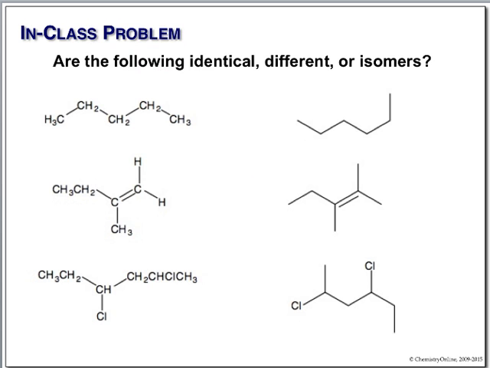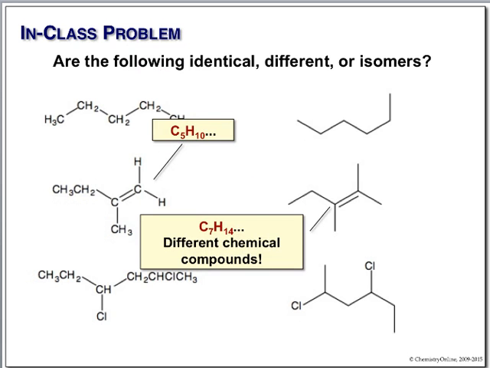Our next one, we have 1, 2, 3, 4 carbons, a methyl group, and we have 10 hydrogens. This guy, we have 1, 2, 3, 4, 5, 6, 7 carbons, and 14 hydrogens. Once again, they are different chemical compounds.